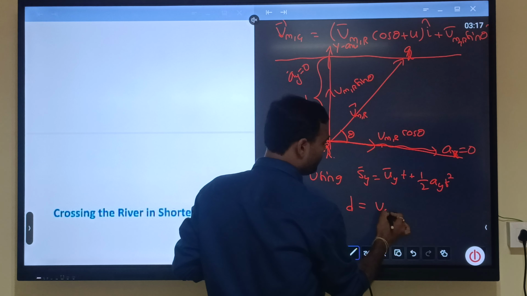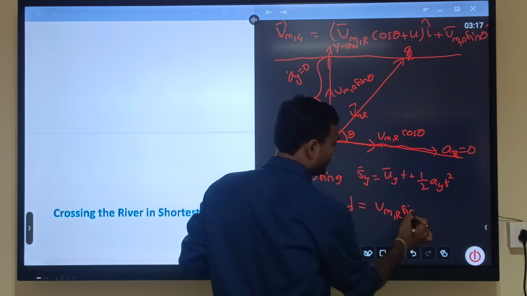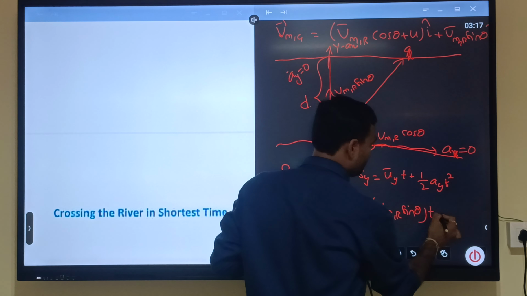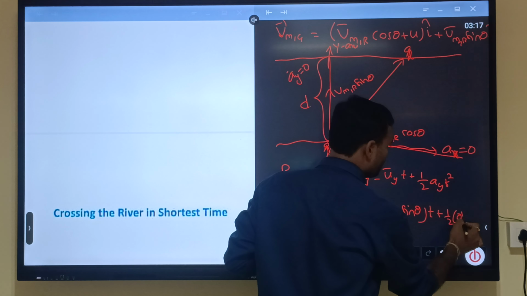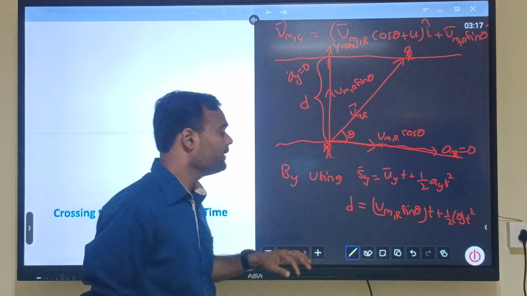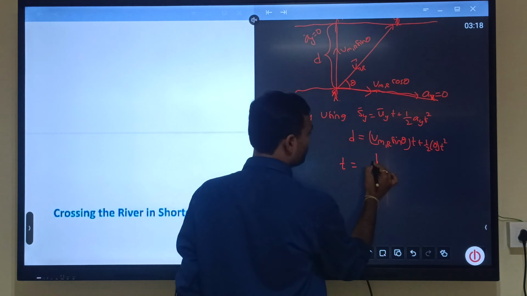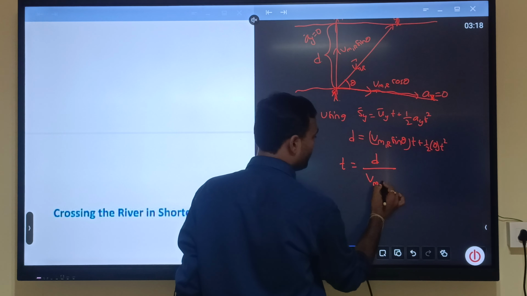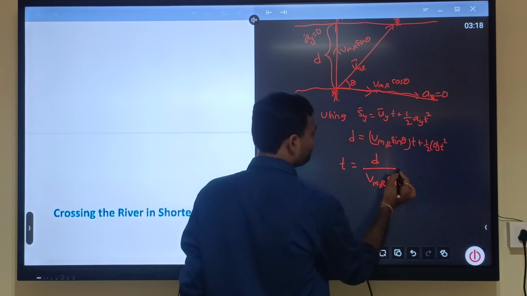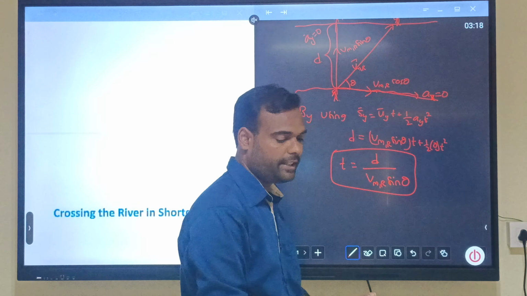So this becomes d equals Vmr sin theta into t plus half 0 t square. Right? Then time is equals to d by Vmr sin theta.